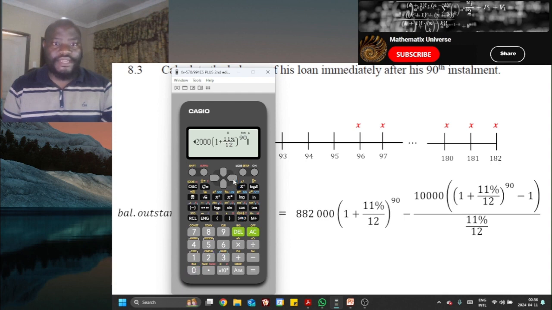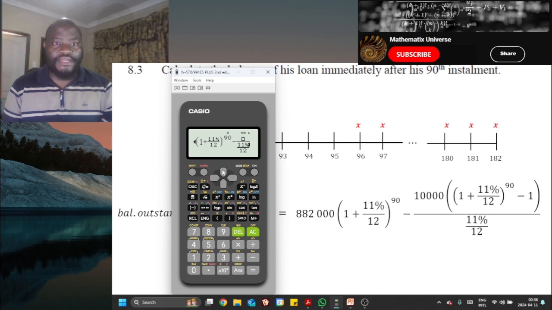Then we subtract this fraction, where in the bottom we have another fraction of 11% over 12.